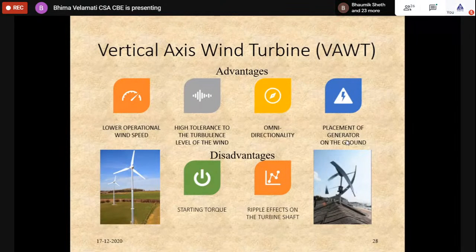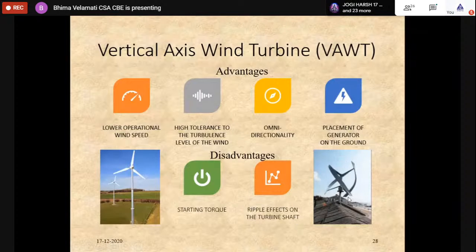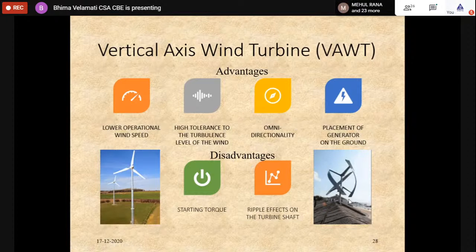Two major disadvantages are, one, starting torque. That means the turbine will take time to start. It has issues with starting. The second one is that I have a shaft and the blade is in contact with the wind for only a certain amount of rotation, because of which the loads on the blade would not be uniform.